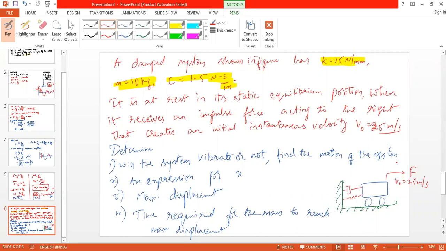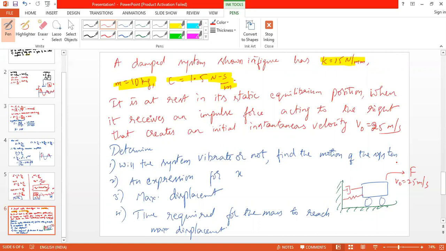So how to say whether the system will vibrate or not? What do you mean by vibration? Vibration is nothing but the oscillation of the body about its mean position.